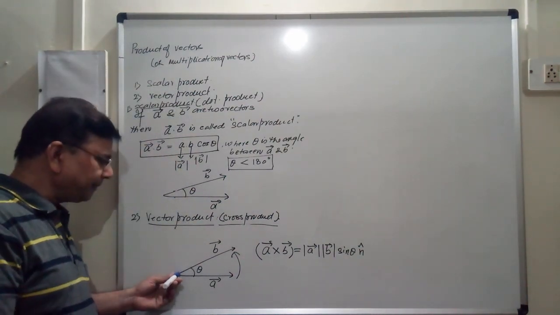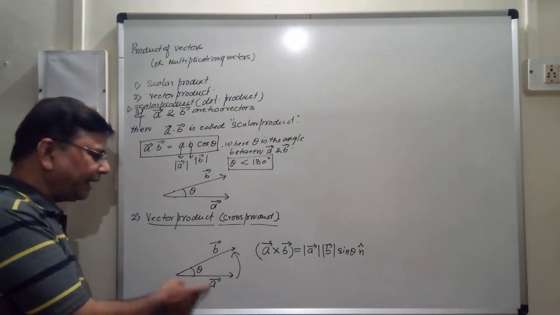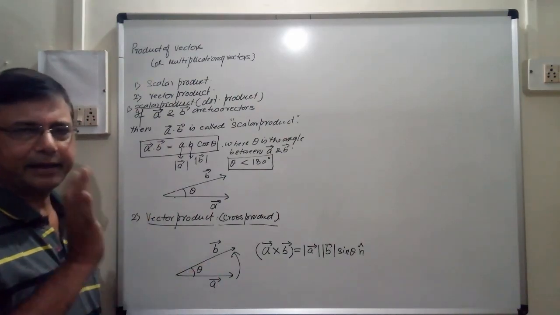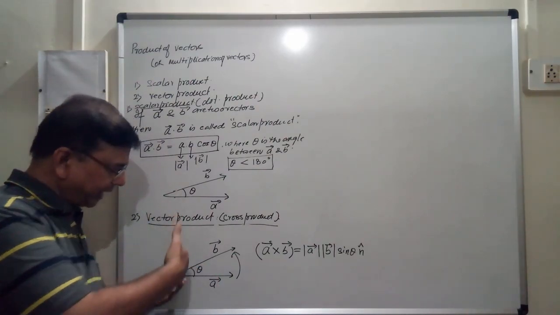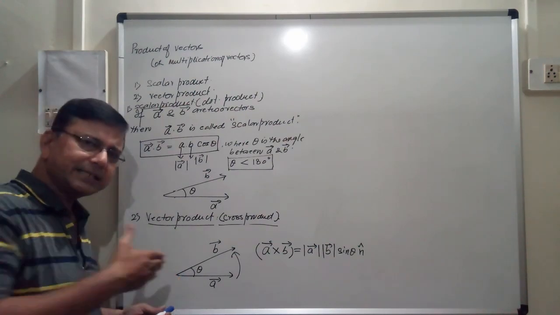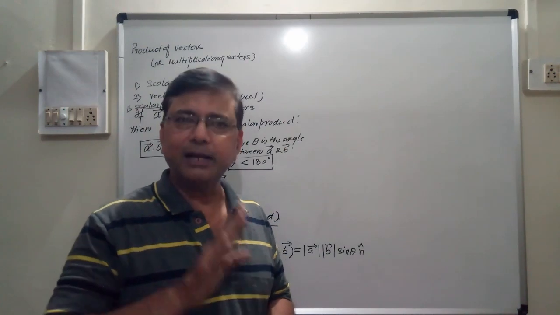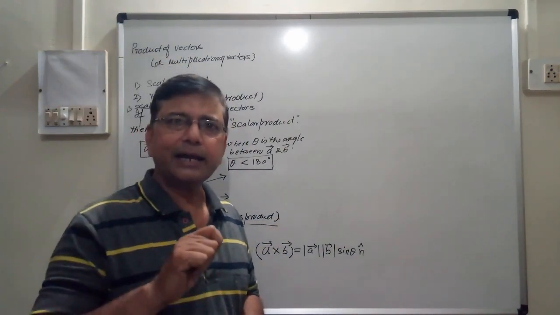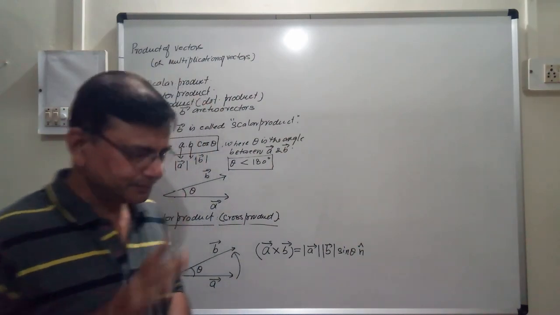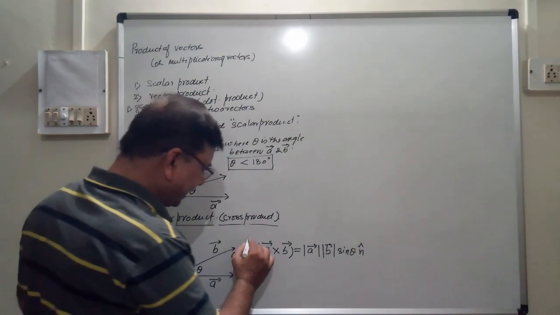A cross B means it will be perpendicular to the plane in which vector A and vector B are lying. Right? So there may be two directions, either outside the board or inside the board. So in which direction A cross B will be, that will be decided by the right hand screw rule. So that I will explain to you. So basically this we understand.